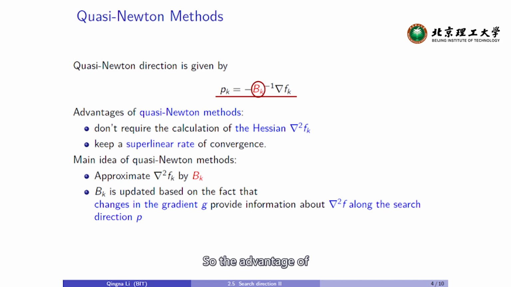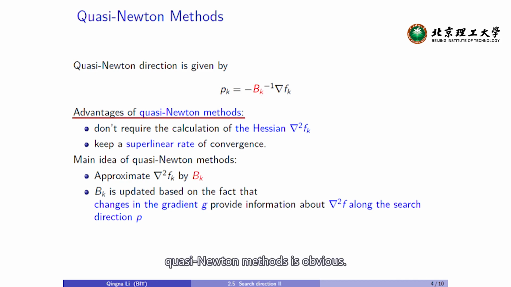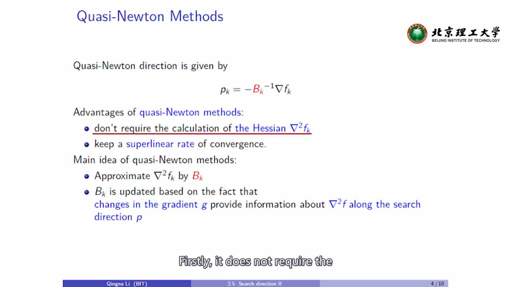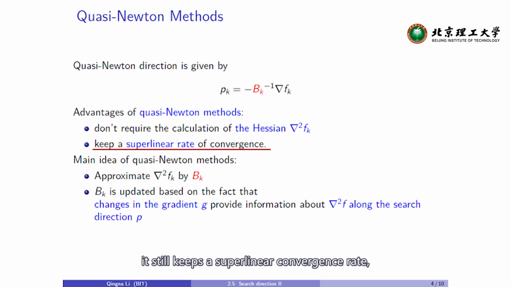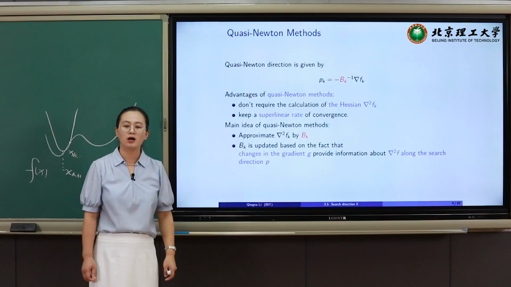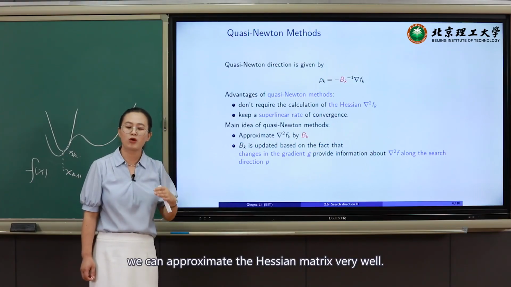The advantage of quasi-Newton methods is obvious. Firstly, it does not require the calculation of the Hessian matrix because we use B_k instead. And meanwhile, it still keeps a superlinear convergence rate, which is fast. Finally, you may ask how we can get this B_k, and in which way we can approximate the Hessian matrix very well.